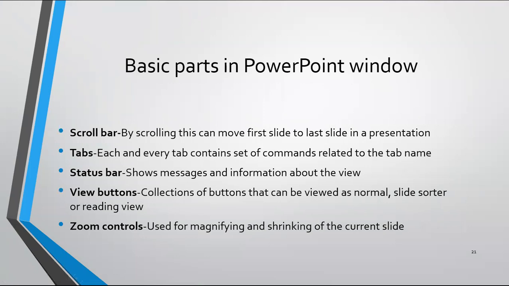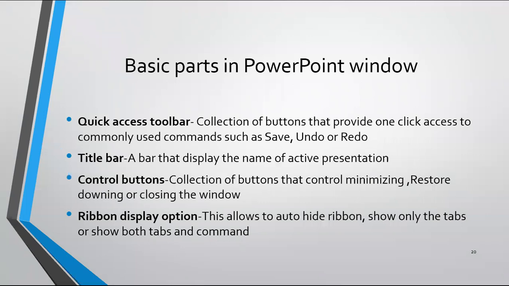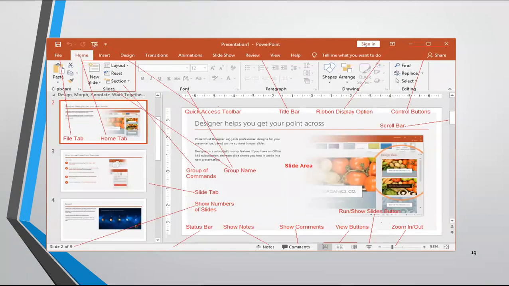And the next one is view buttons, a collection of buttons that we can use. Here you can see normal view, slide sorter view, and reading view, and we can discuss those buttons later, right? I will show you, here you can see those view buttons.